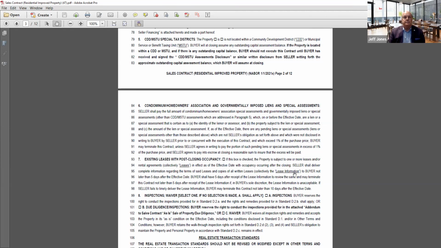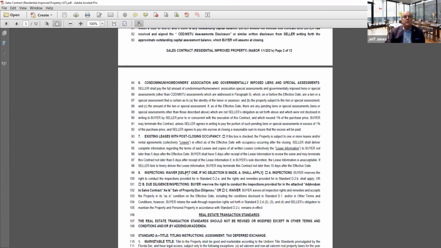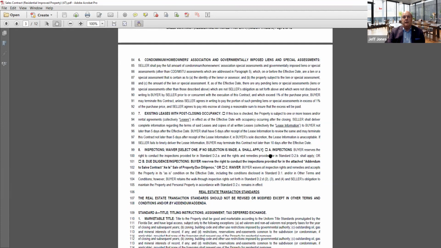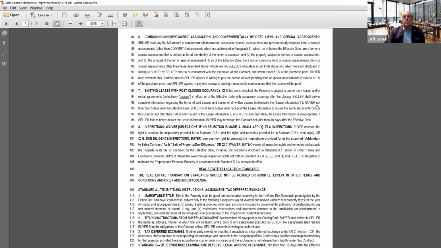If not, the buyer can say, I don't want any part of those leases. I'm done. Okay, so we're down to the inspection paragraph here. The buyer has choices here.